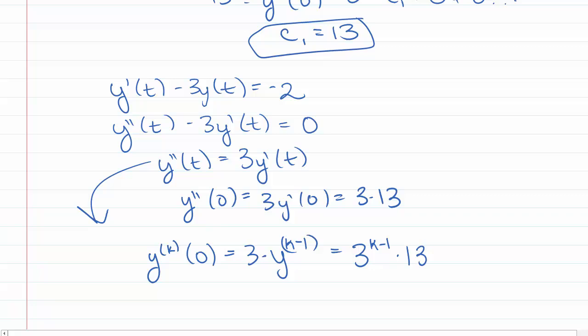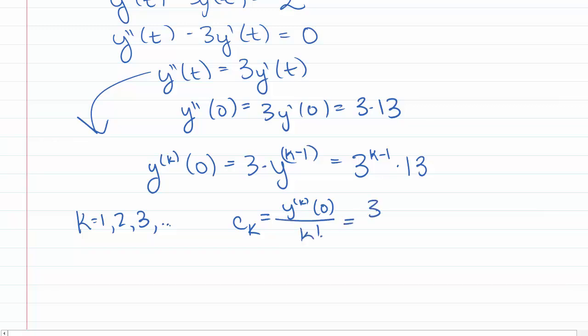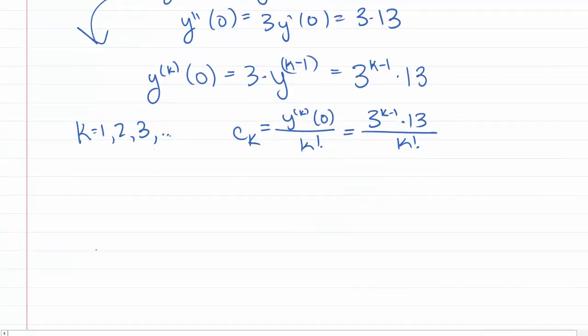So for all k equaling 1, 2, 3, etc., we found a pattern. We have ck equaling the kth derivative at 0 over k factorial, which is 3 to the k minus 1 times 13 over k factorial.